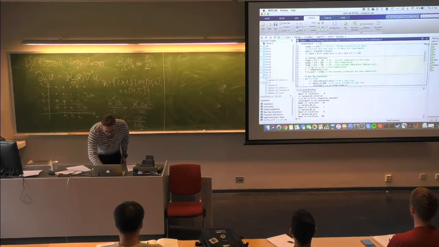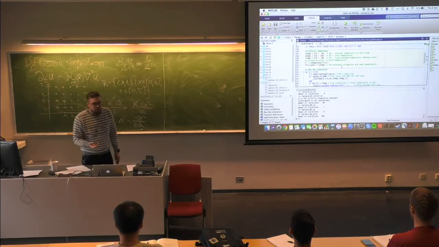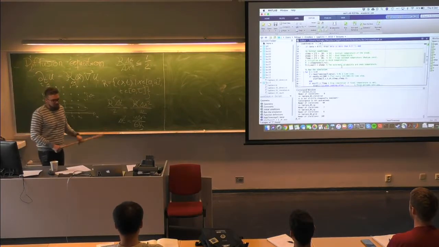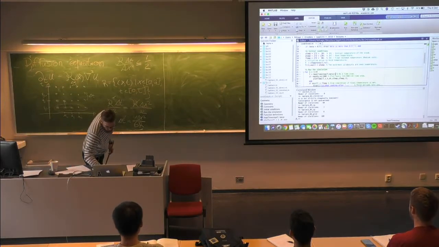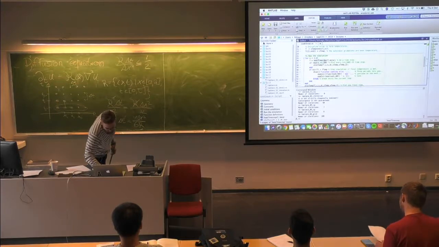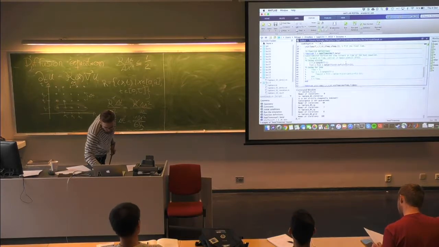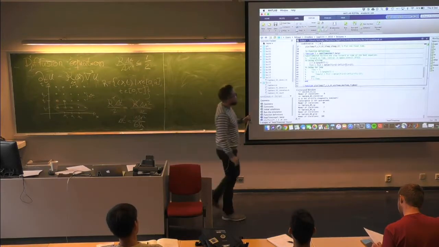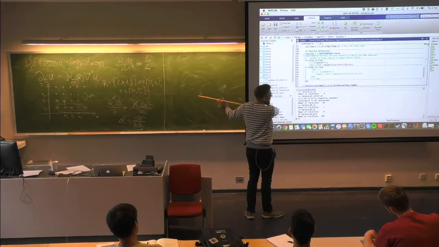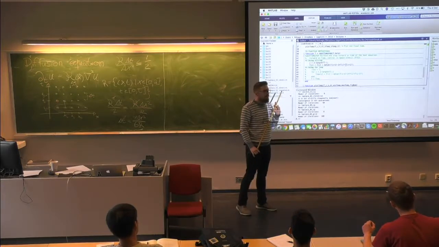Then we initialize the array, which I call big T for temperature. That is the U in this equation here. Then I update the time with a function I call heat time step, meaning I do a time step of the heat equation. You solve the equation which was on this blackboard before I cleaned it.